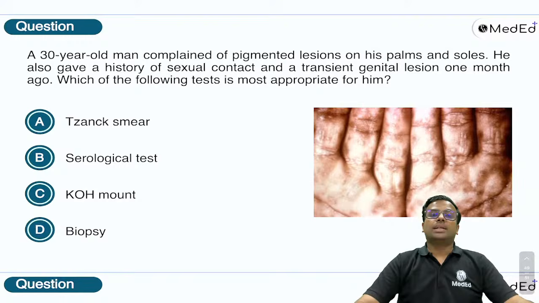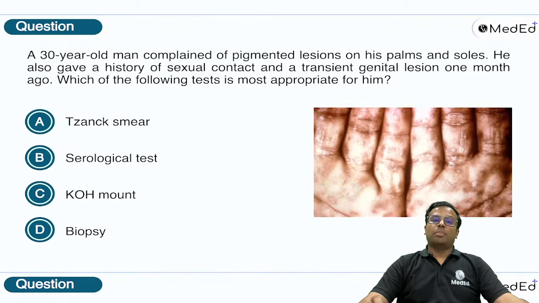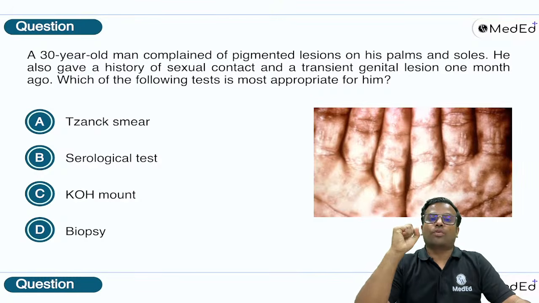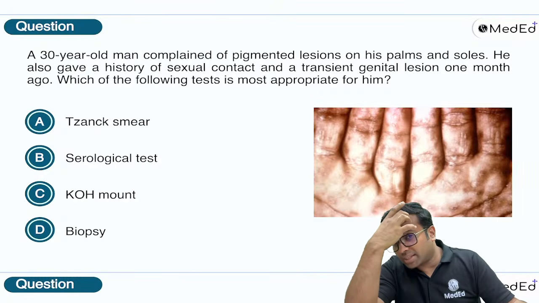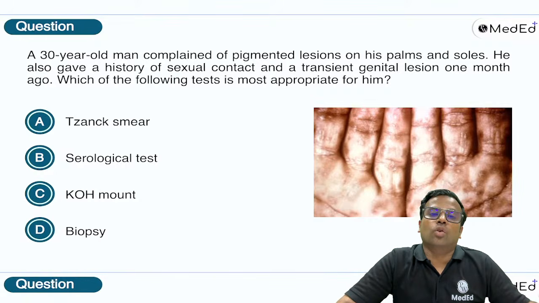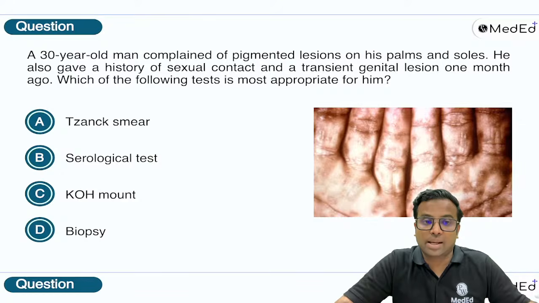Next one. A 30-year-old man complained of pigmented lesion on the palms and soles. He also gave a history of sexual contact and a transient genital lesion 1 month ago. Which of the following tests is appropriate for him? Dark field microscopy, serological test, KOH mount, biopsy.